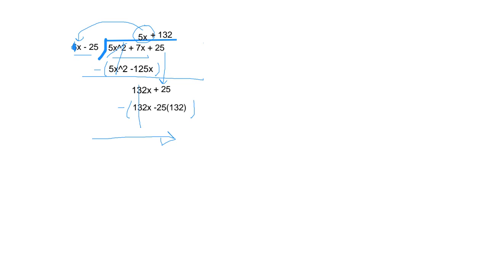That's exactly why I put 132 here, because I want to eliminate from left to right. Now I have 25 minus negative 25 times 132. Minus negative becomes plus. So this becomes 25 times 133. We could use the calculator.